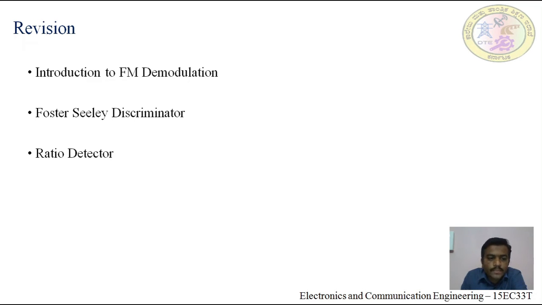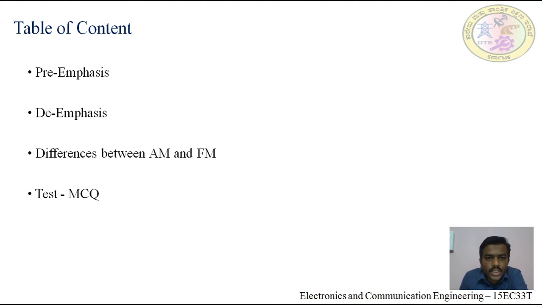And when the input FM wave frequency is below resonance, then the output voltage generated by the ratio detector is a positive voltage. The output voltage generated by the ratio detector is half of the output voltage that can be generated by the Foster-Seeley discriminator circuit.